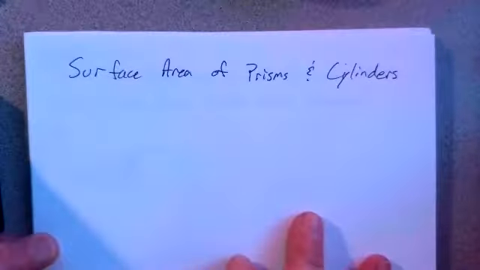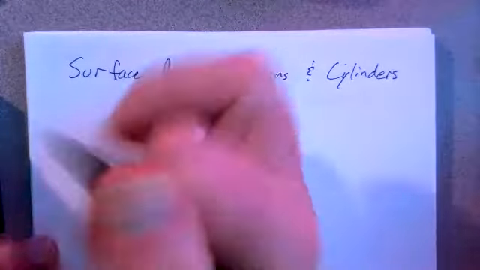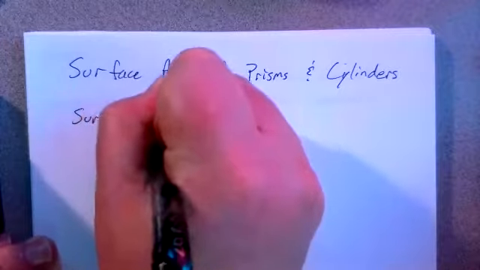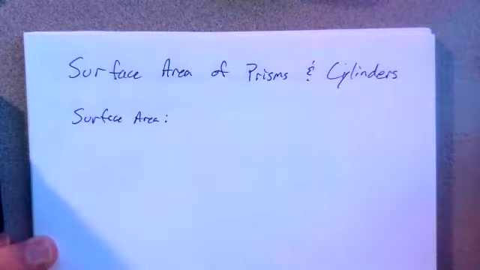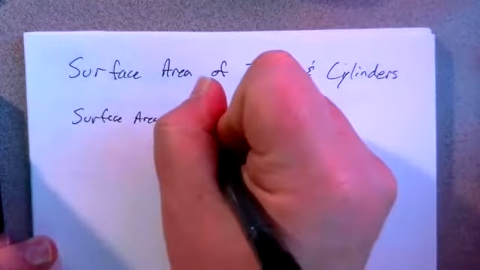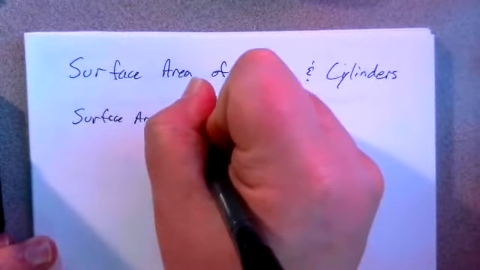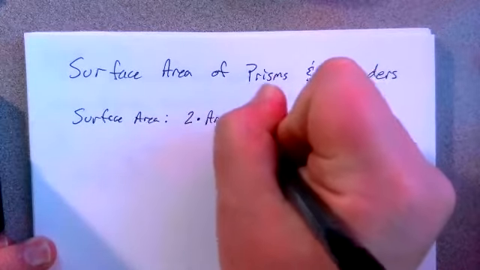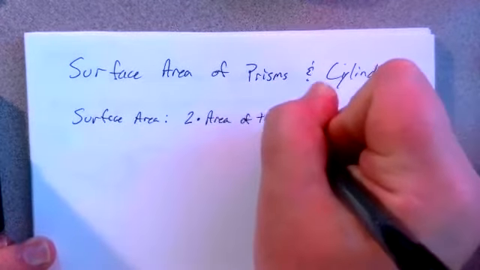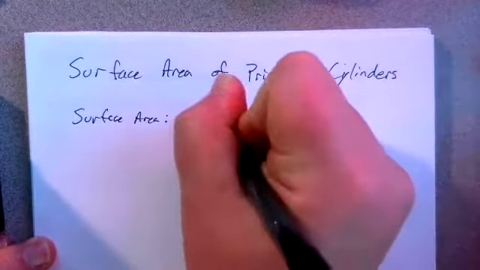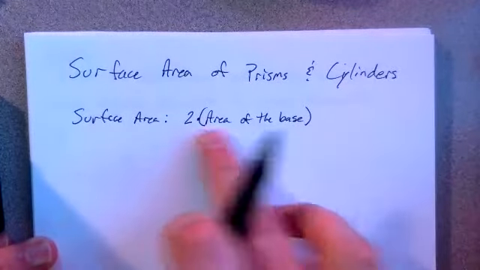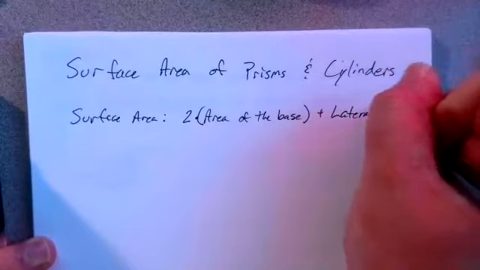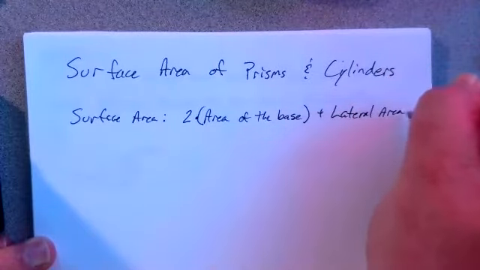All right, so surface area, it's made up of 2 things, right? We have 2 times the area of the base, I'm going to put that in parentheses, plus lateral area.